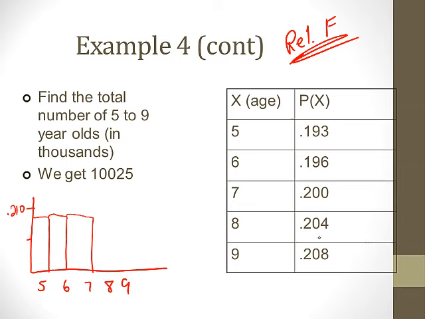So 5, 6, 7, 8 goes up another little bit, and then 9 another little bit. Again, it's not going up much. Over 5 years, we're only going up 15 1,000ths, so it's not going to show this going up too much.